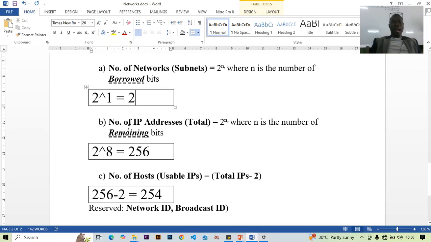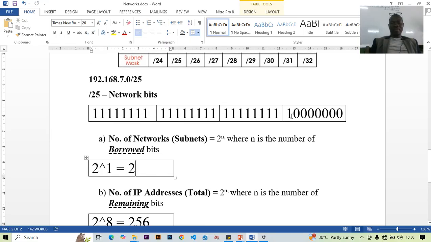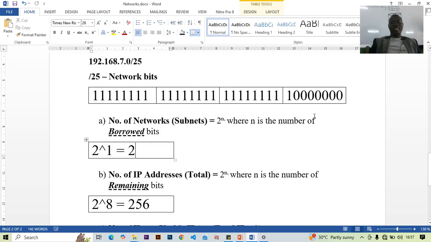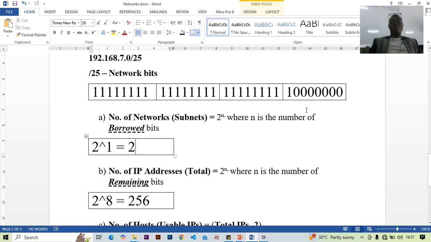Then, how do we find the total number of IP addresses in this given network, network ID and broadcast ID inclusive? How do we find that? We shall say 2 to the power n, where n is the number of the remaining bits. Since we borrowed 1 bit from the last octet of this network, that means of the 8, we shall remain with 7.